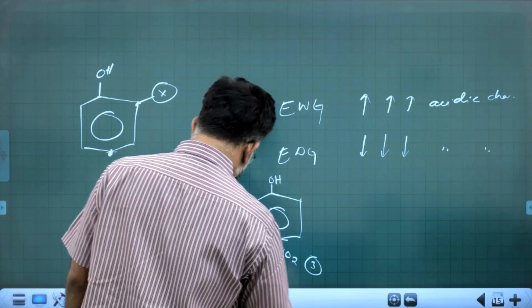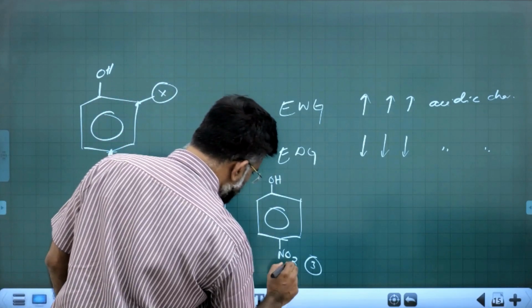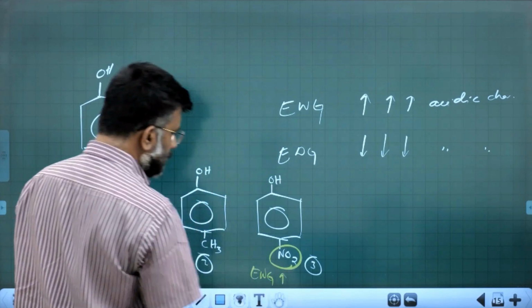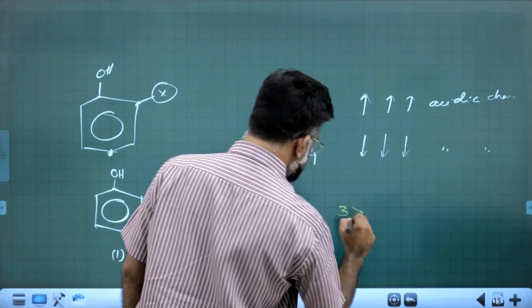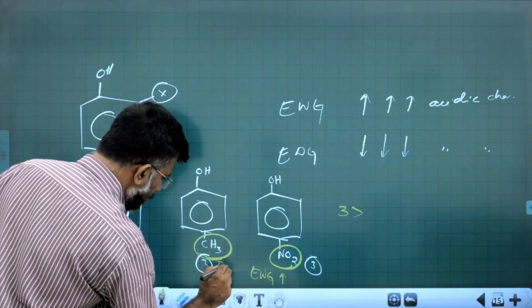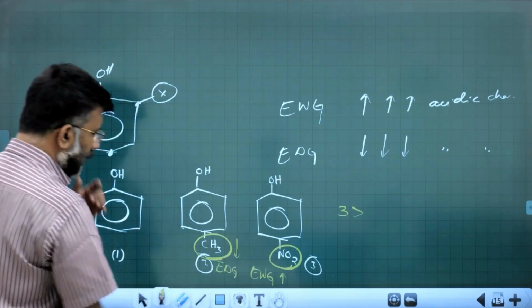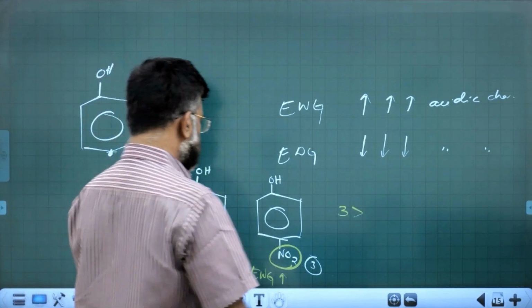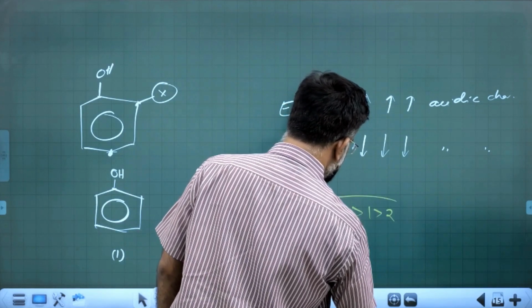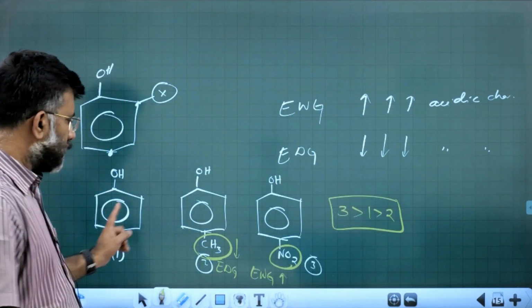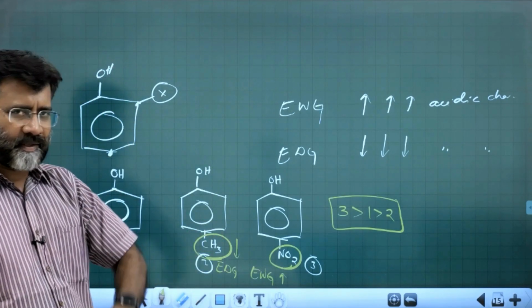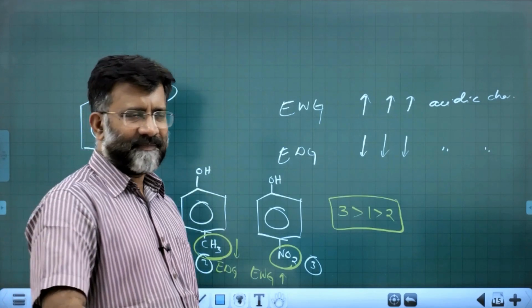This is an electron withdrawing group. The presence of an electron withdrawing group increases the acidic character. So 3 is maximum. Meanwhile, here the acidic character drops. This is an electron donating group. Acidic character drops. So what comes after 3? It will be 1 because no group is present at 1. So 3 is most acidic, then 1, and 2 will be least acidic. Like that. Okay.